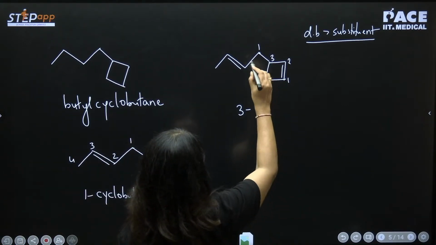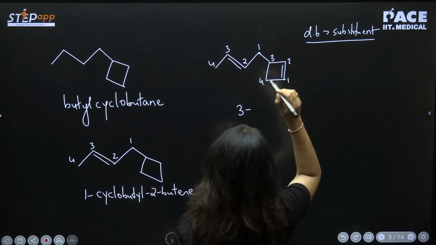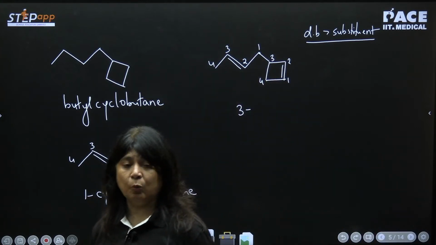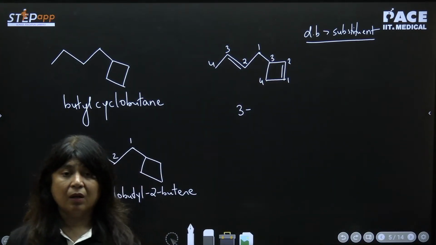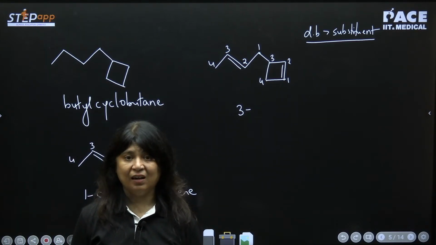So this is the first carbon, this becomes the second, third and fourth. It's a 4 carbon chain, so it's a butyl group, but with a double bond, so instead of butyl we'll write butenyl.